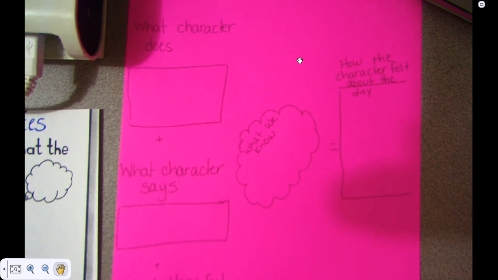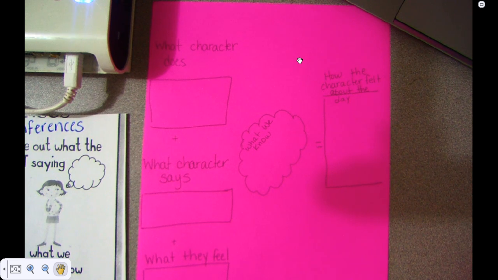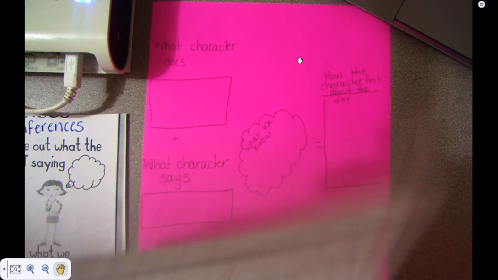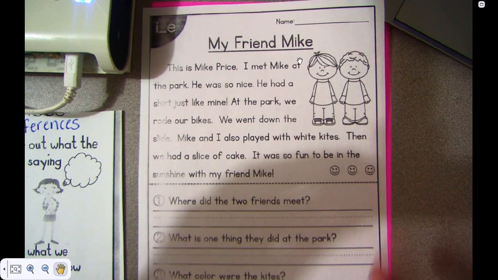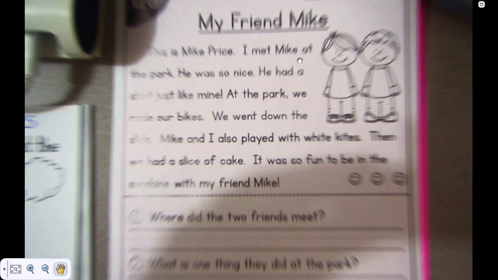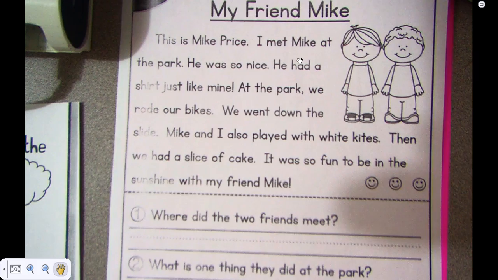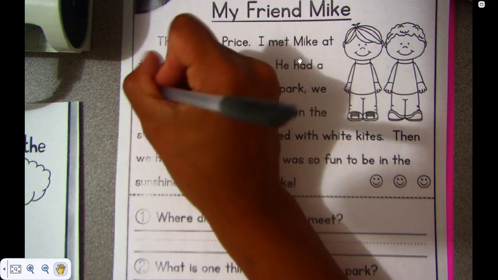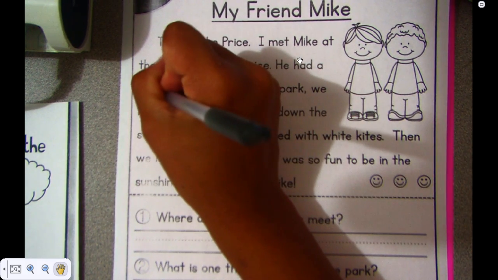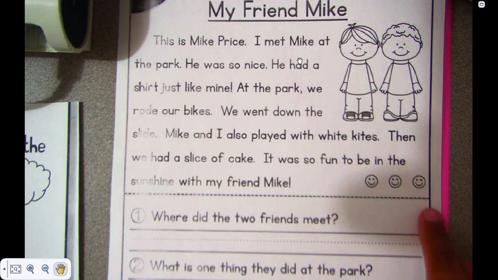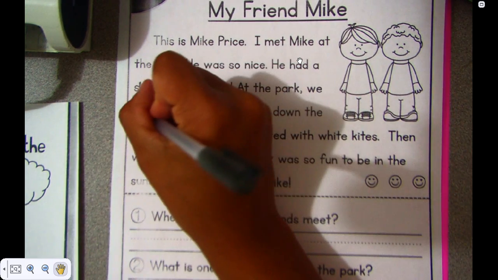So what we're going to do now is we're going to read this story called My Friend Mike. And in this story, they have three little smiley faces at the bottom. This is like the passage we did last week.